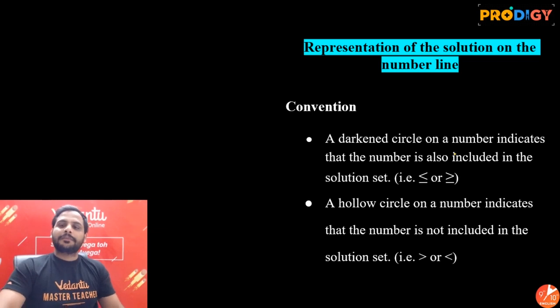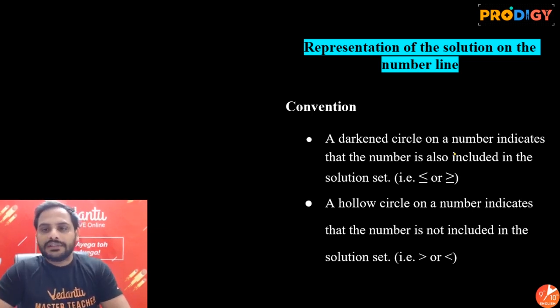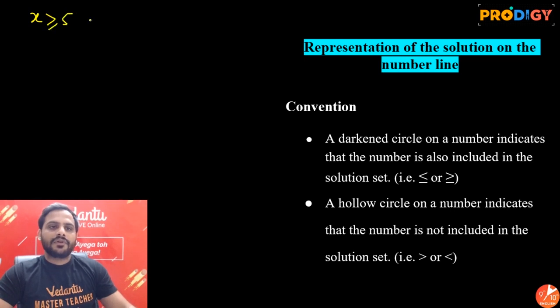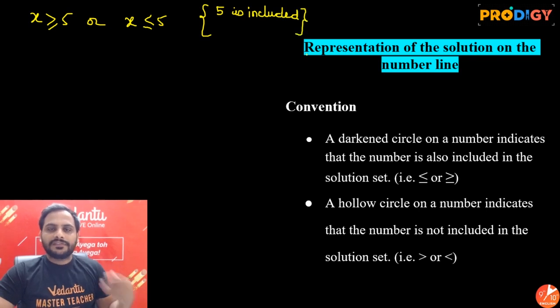Today's topic is representation of the solution on the number line. Remember I have told you 4 types of sign: less than or equal to, greater than or equal to, less than, and greater than. When I say x is greater than or equal to 5 or x is less than or equal to 5, 5 is included.